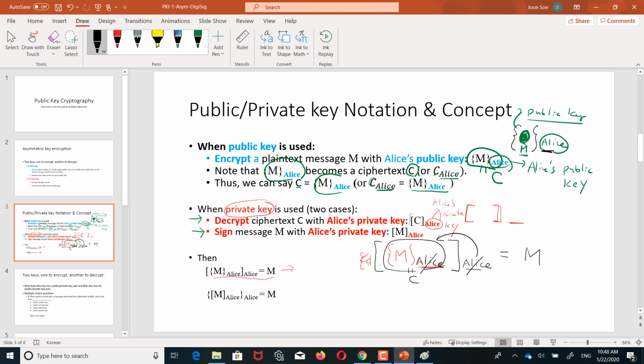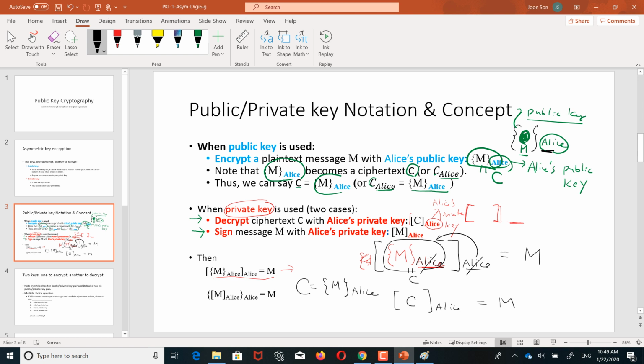Basically, if you just rewrite this, you can say C, because this is a ciphertext, and Alice, and then you can get the M. I can rewrite this like this, assuming that C is M Alice.